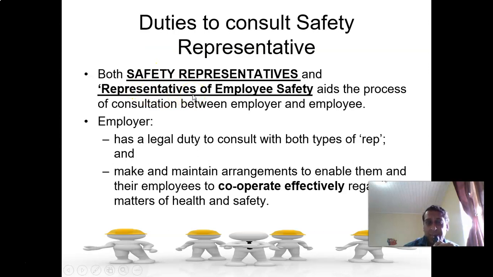Typically that person may be someone a bit more outgoing, a little bolder, not afraid to approach the employer. So the employees would have elected that person, together with the employer, of course, to represent employees on matters of health and safety.